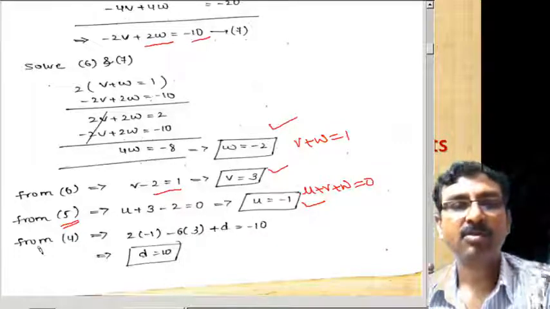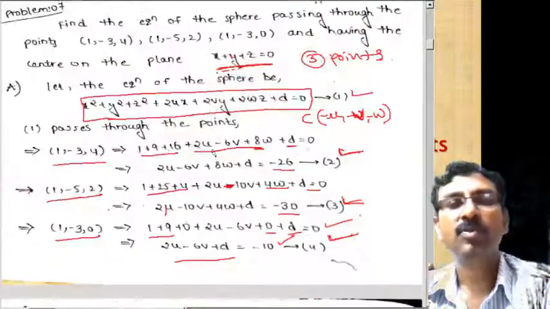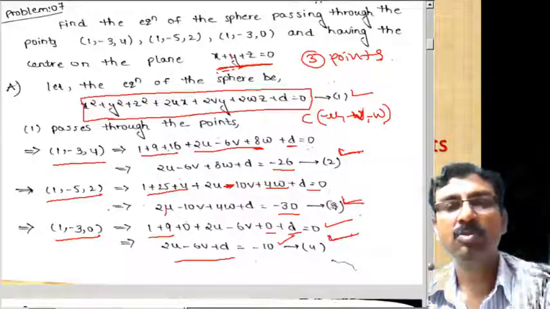Select another equation to find the value of d. We choose the equation having d. So go to the first equations, second, third, fourth. Choose any one, but I am selecting the fourth. Why?